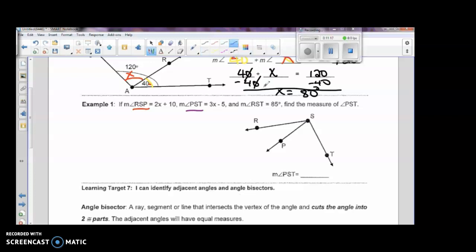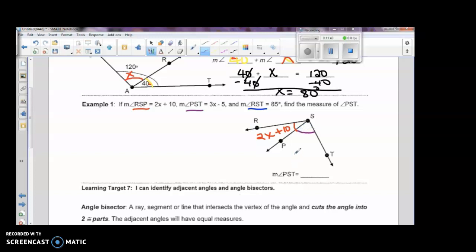Okay. So we have three angles here. We have RSP and PST, and RST is the big one. So if you have colors with you at the moment, I would recommend that you follow along, make your drawing colorful so that you can see why we do it.